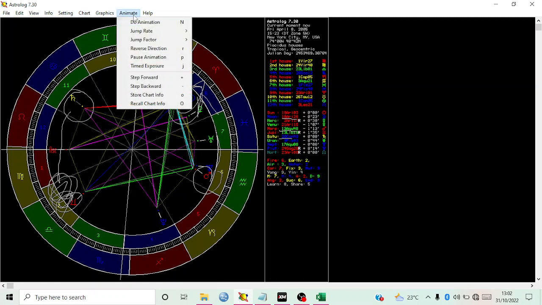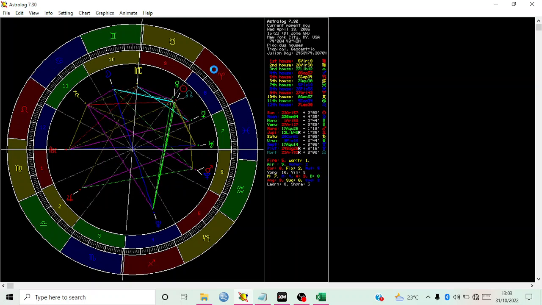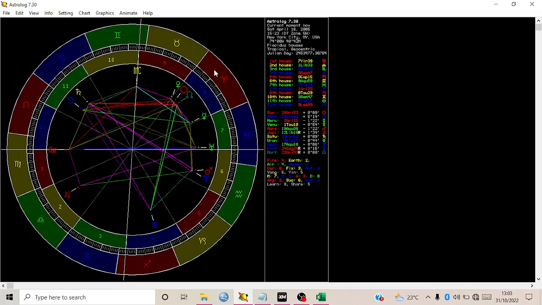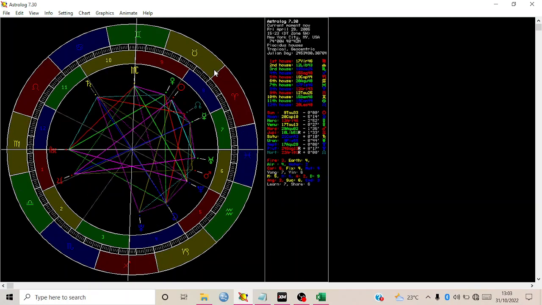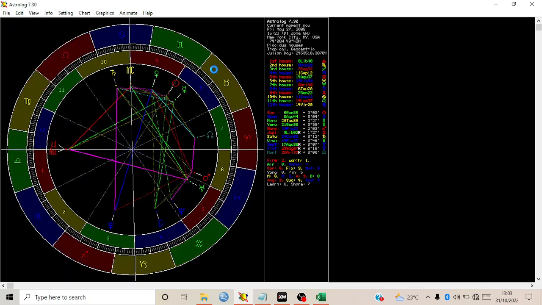So what I'm going to do is jump and take Mars to Aries, right? To Aries. Okay, it's in Pisces now. We're now in Aries. So Mars is in Aries. We're looking at 18 degrees Aries.